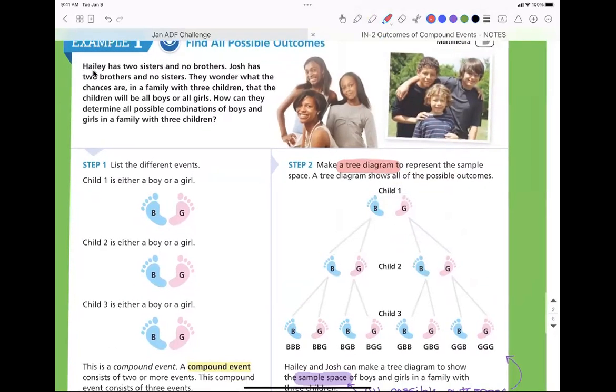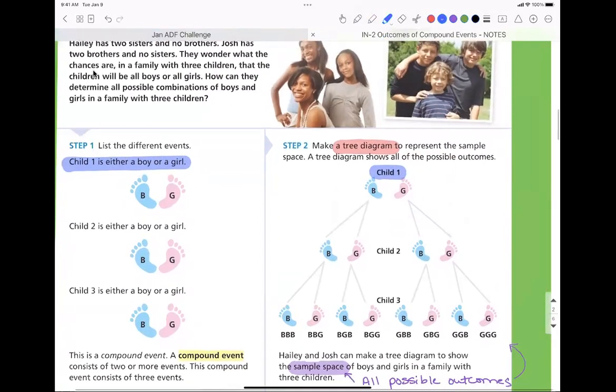So if we look at our children here, we've got child 1. That's right here in the tree diagram. With child 1, there's only 2 possible choices, a boy or a girl. That is event 1. Then you move on to event number 2 right here. With child number 2, you have 2 choices. You'll notice that on the child number 2 level, you have more footprints because one spans from the first child being a boy, and then you spread out to boy, girl.